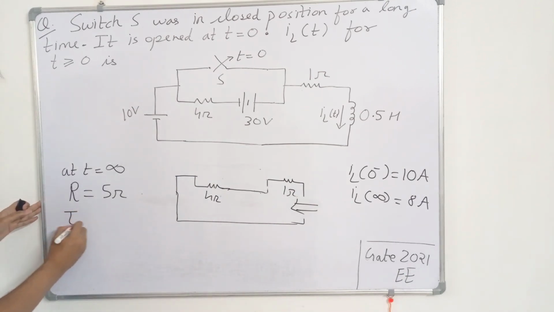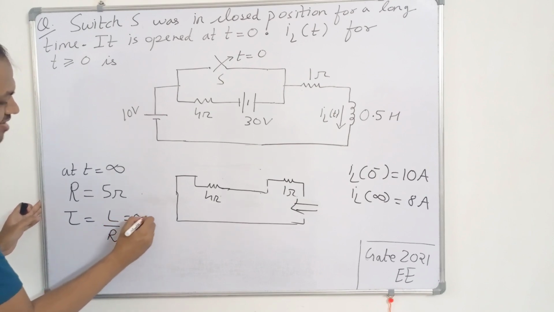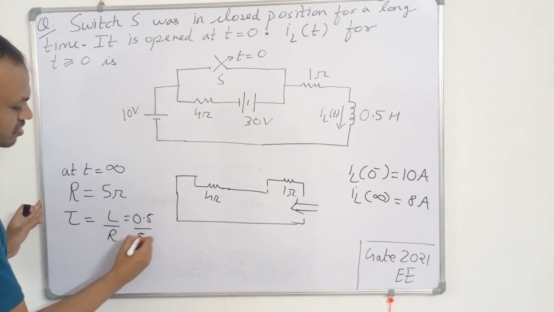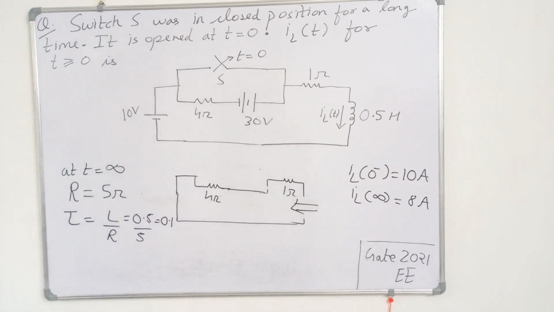So tau equal to L by R, which is equal to 0.5 upon 5. So tau is equal to 0.1 second.